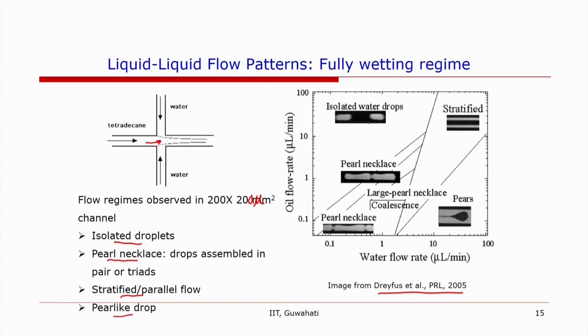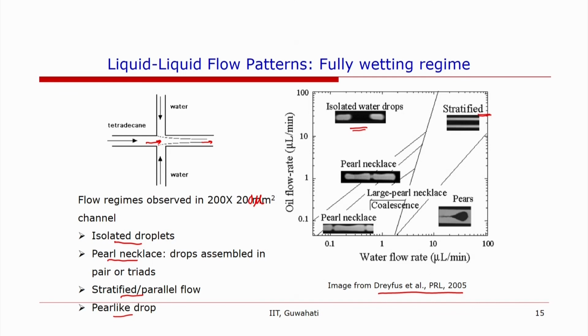So, we have isolated droplets seen here, and stratified flow, which is termed parallel flow, where one phase comes at the center and the other phase on the sides of it. Then there is a pearl necklace type, where two droplets are connected by smaller shapes, and also a pear-shaped droplet, different interesting shapes.